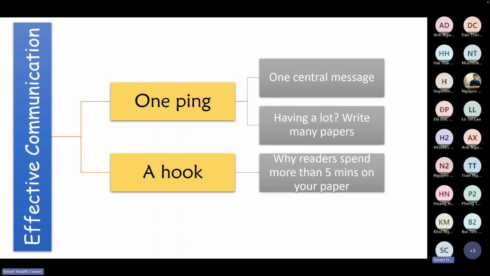Eventually, they won't know what you mean. And the more you talk about, the more they expect, and they say, oh, it's nothing, right? So carry one central message. And you have to have a hook right away. When they read it, they should think, why do I need to spend more than 5 minutes continuing to read this paper? So one message is clear and easier to carry, but how to make a hook, that's a different story.